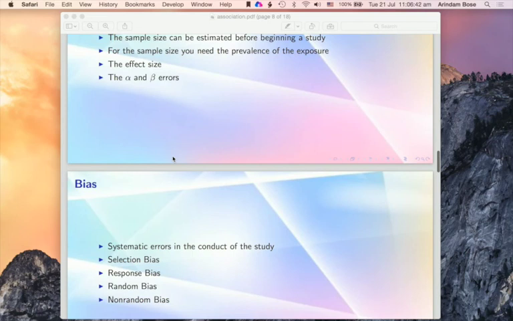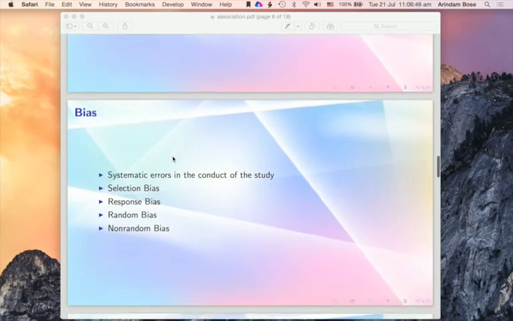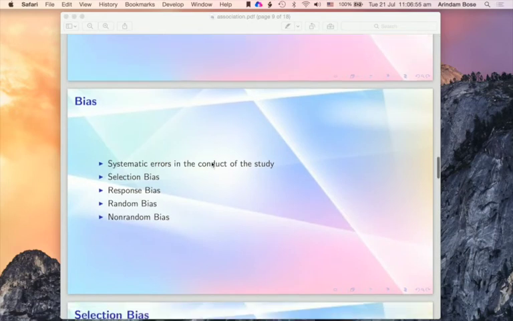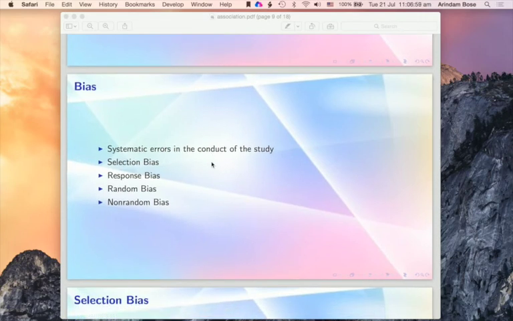The second thing, which is very important, is to know about bias. Bias refers to a systematic error that can occur in the conduct of the study, either in the form of planning the study or during the process of data collection. There are a couple of ways in which biases occur in studies. One is known as selection bias, the other is known as response bias. Bias can also be random or non-random.